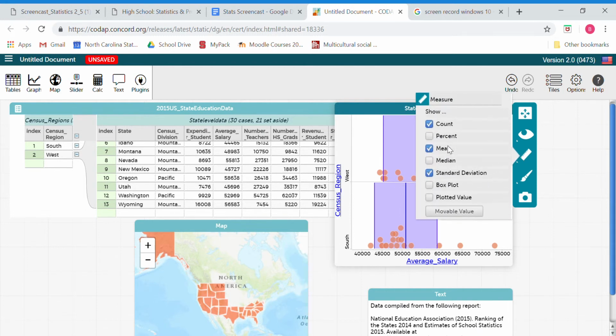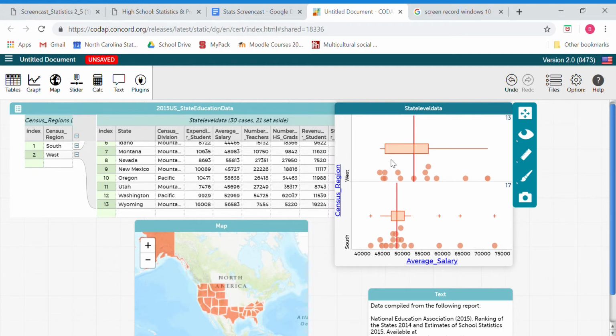But the one thing I found really interesting when I was looking at this was the box plots. Something you might notice here is that if you interpret this box plot correctly, 50% of the data points should be above the median. And you'll notice that for the West, the median is higher than the upper bound for the South.